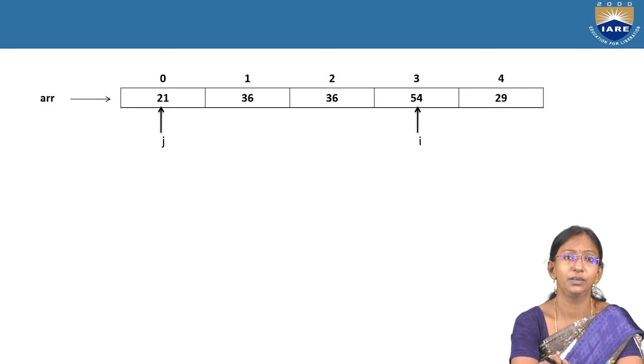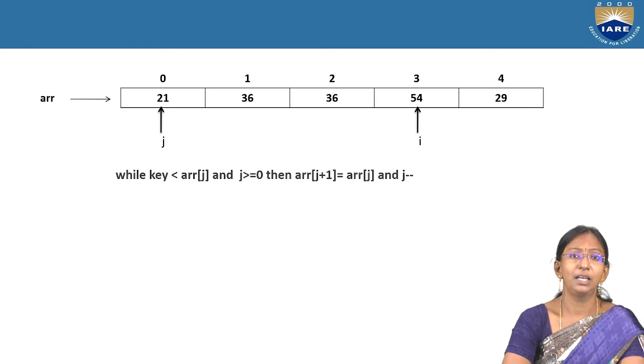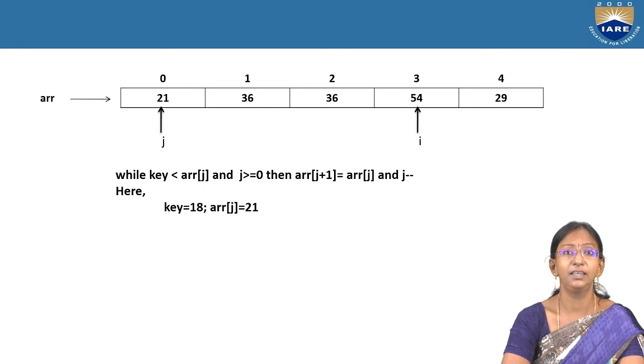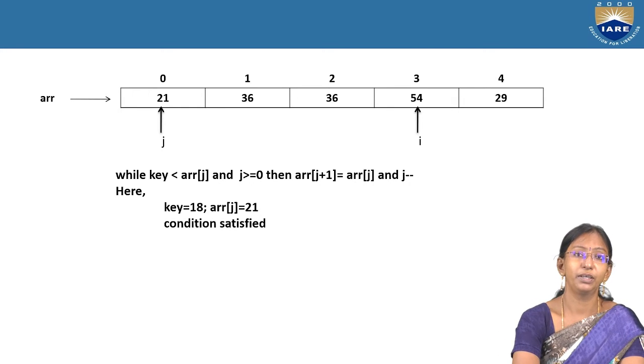So this will change to this line. Have a look. Now, again check whether the key value is less than the element pointed by j. Here, key is 18 and the element pointed by j is 21. It is clearly evident that 18 is less than 21. As the condition gets satisfied, copy the content pointed by j into the j plus 1th location.